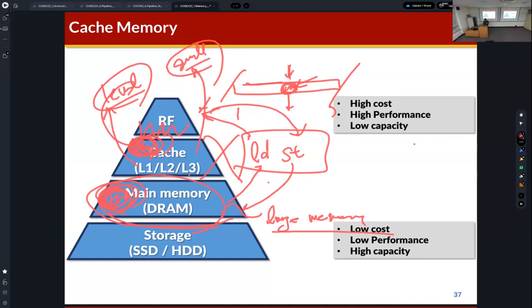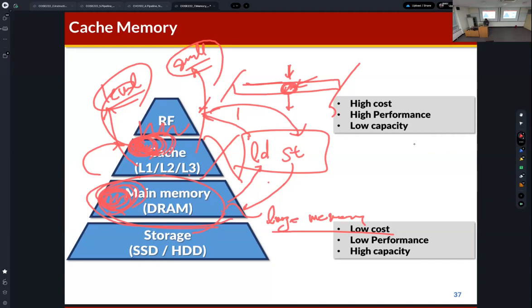But when the data is transferred by these instructions, the frequently used data will be stored in the cache automatically, managed by hardware, not software. You need to remember that the data in the cache is managed by hardware, not software.